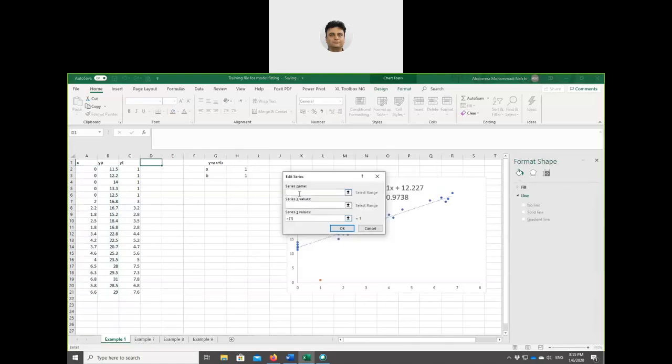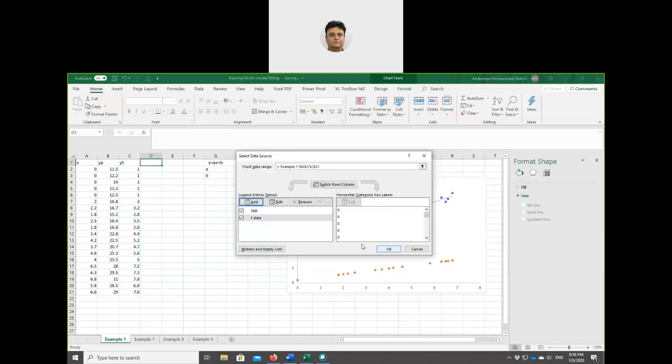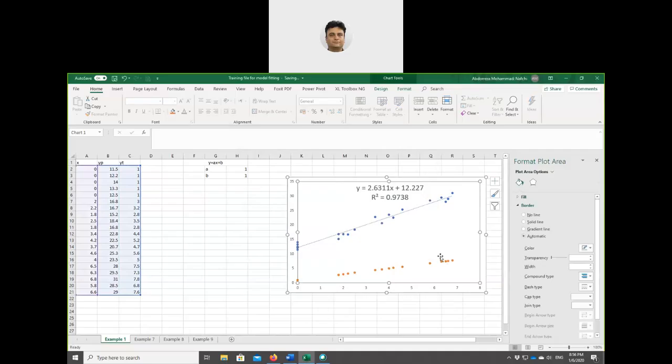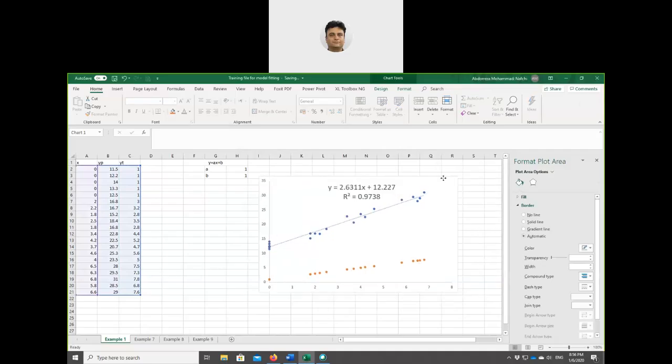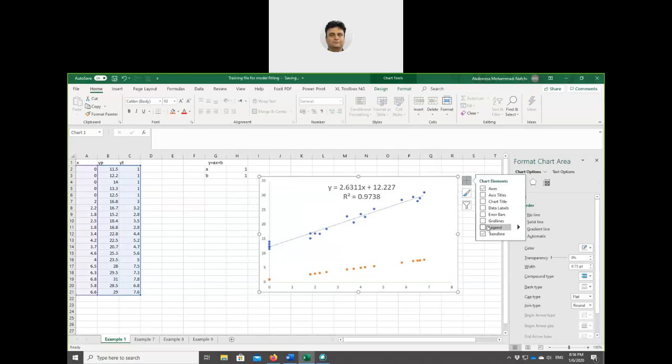This one is t data, theoretical data. The x series is the same x series, and for y, don't forget to remove the 1, and y is this one. Okay, so our t data are here.